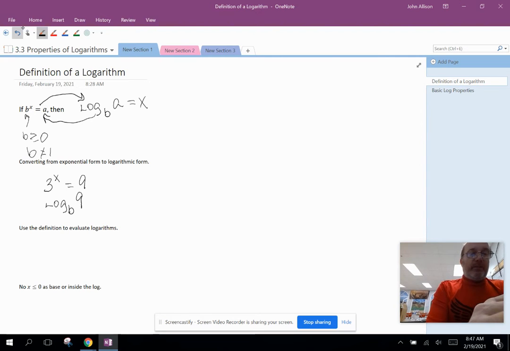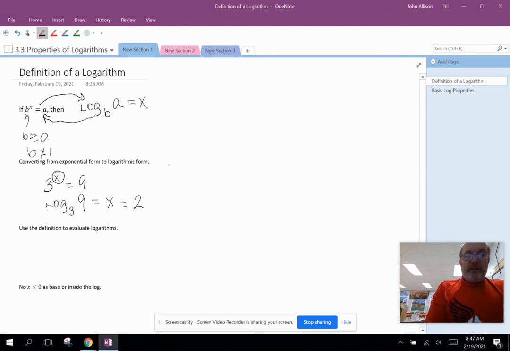And what was the exponent goes on the outside. So log base 3 of 9 equals x. Well, you know from this simple equation that x has to equal 2, and that means log base 3 of 9 is equal to 2.